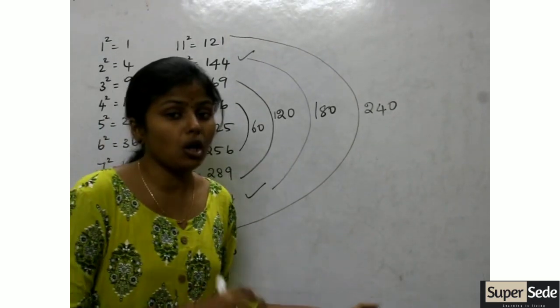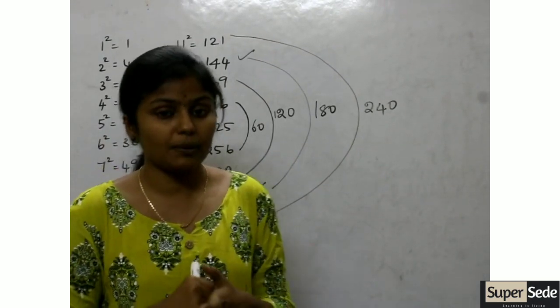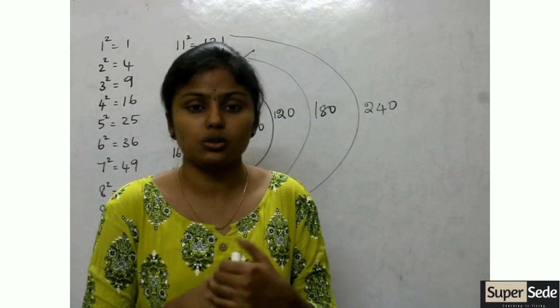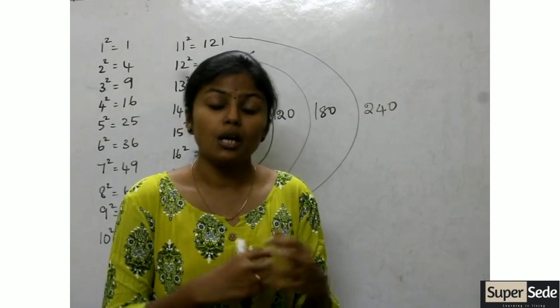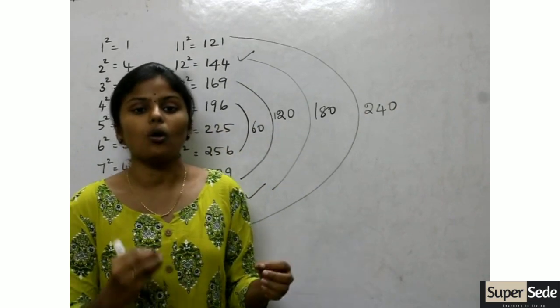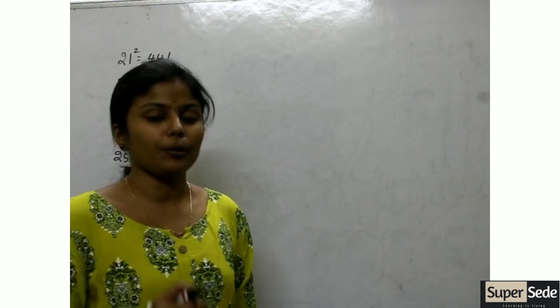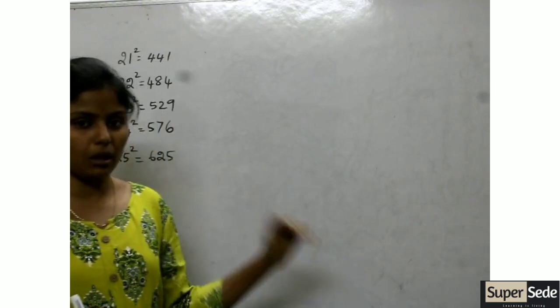But this would not be enough for you to do the calculations, because all the aptitude questions asked in either competitive examinations or any technical examinations would require you to know all the squares from 1 to 125. Now we would be finding the squares from 21 to 30.